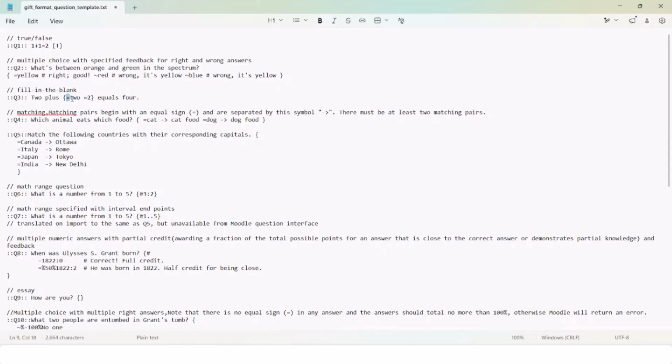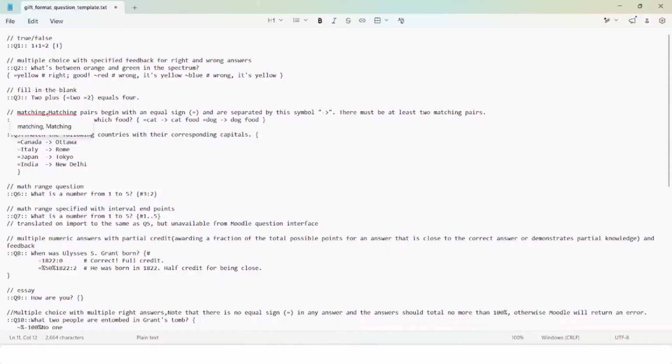So we have the equal signs on the two answers. So you have the question title, the question text, the answer, then the rest of the question, and it will appear in the form of 2 plus dash is equal to 4. Now, let's look at the matching question.